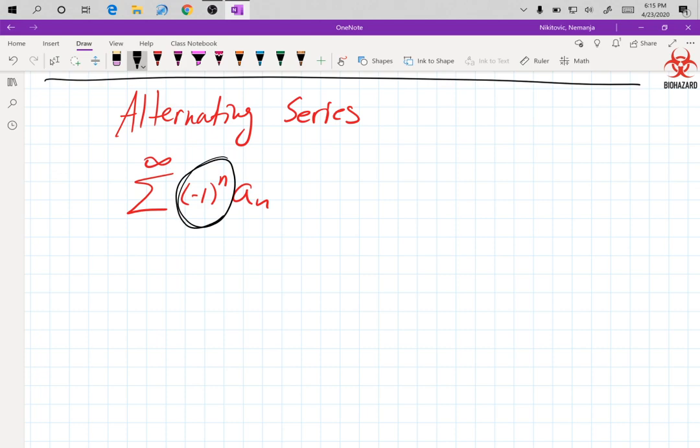It's separate from a_n. Usually, so far, anytime I had a_n, it was everything that was within the sum. Well, this time, (-1)^n, the alternating part, doesn't belong to a_n. It's a separate entity.